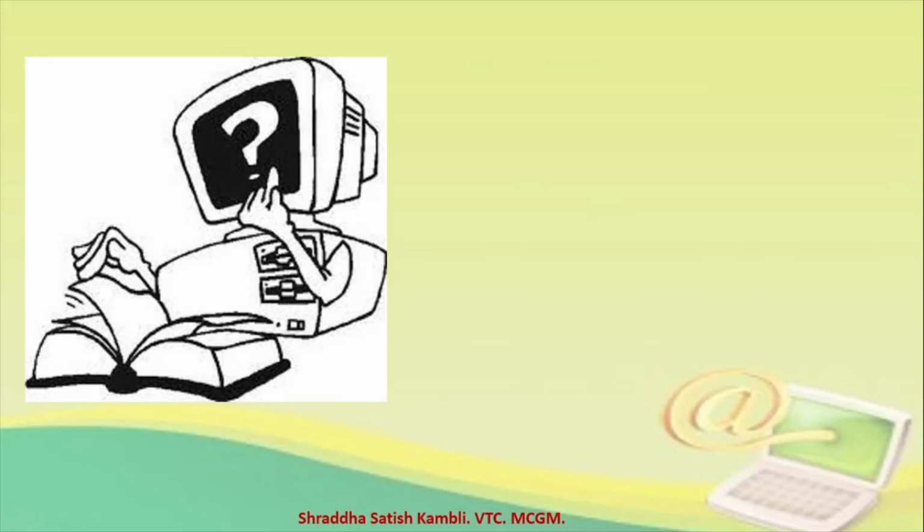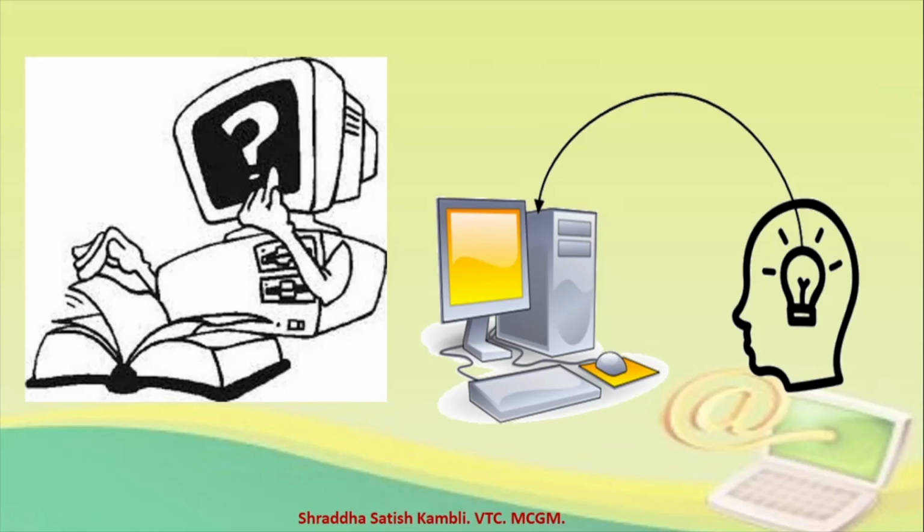Now, does the computer have any intelligence of its own? Can the computer think? Can it take decisions on its own? Can it behave like a human being and make judgments? Not at all. The computer just follows instructions blindly.